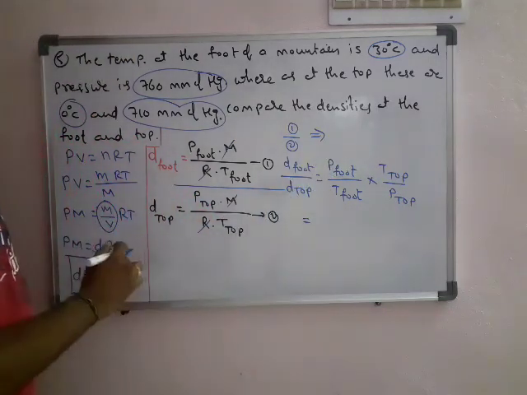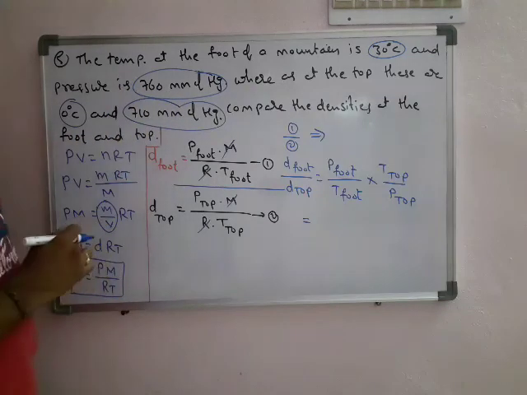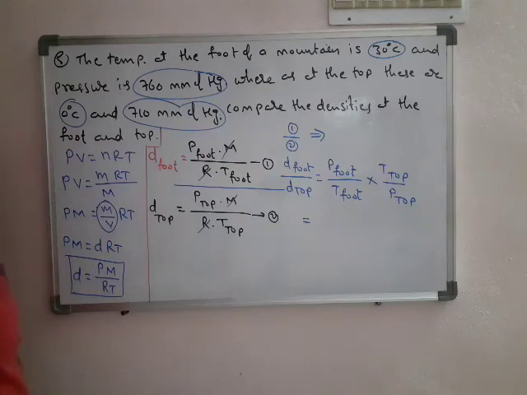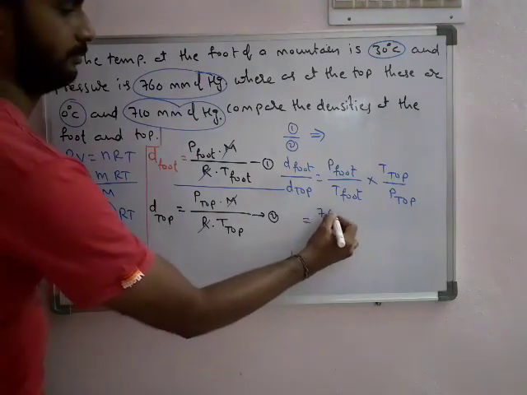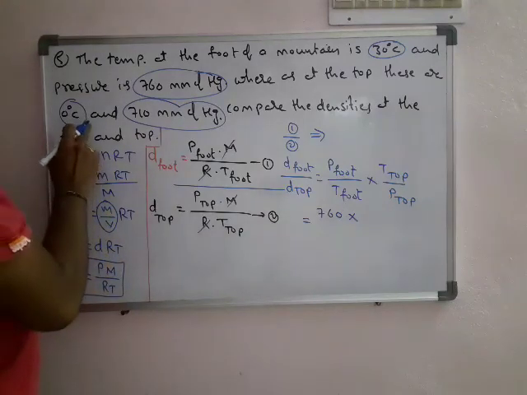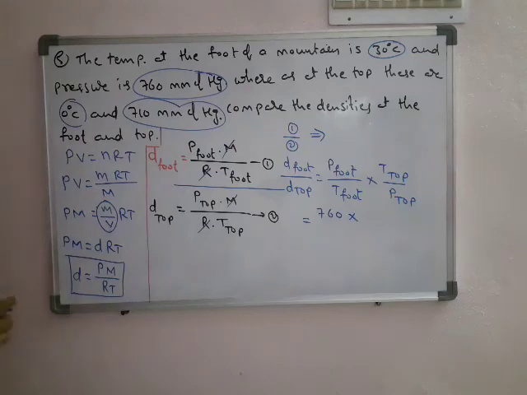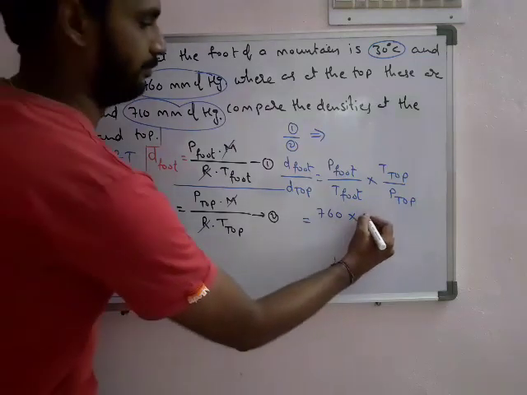So P foot is how much? P foot, that is 760. What is T top? Temperature at top is 0 degrees Celsius, which means 273 Kelvin.